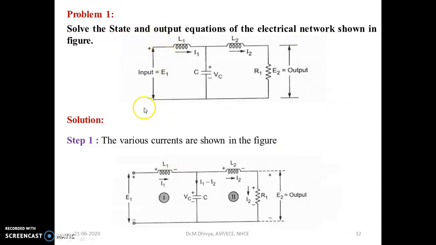If an electrical system or a mechanical system is given to you, the first step is to identify the physical variables in the system. If an electrical network is given to you, you have to identify the number of meshes or the number of nodes in the circuit, what is the input and what is the output.